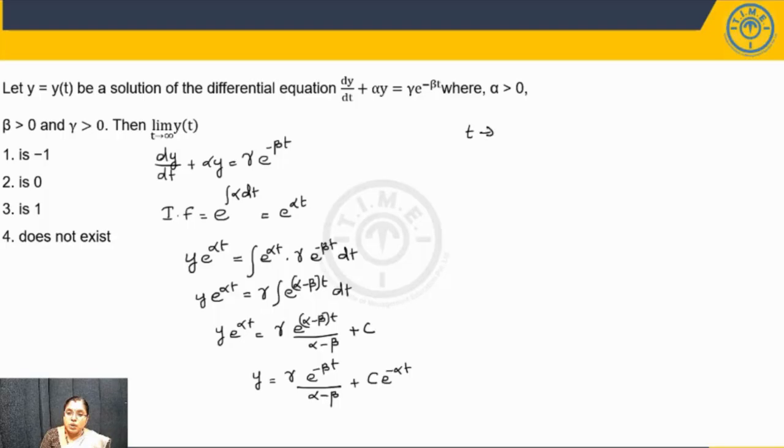As t tends to infinity, e raised to minus alpha t as well as e raised to minus beta t will become 0. Why? Because e raised to minus infinity is 0. So what do we get? Limit t tends to infinity y of t will be equal to, this term will become 0, this also will become 0. So gamma by (alpha minus beta) into 0 plus c into 0.